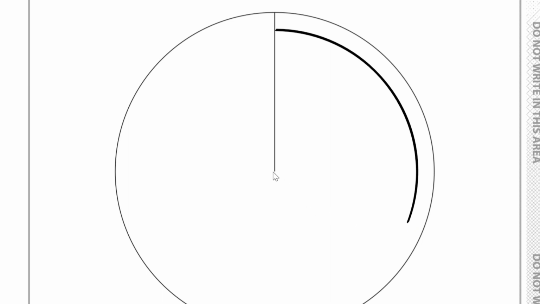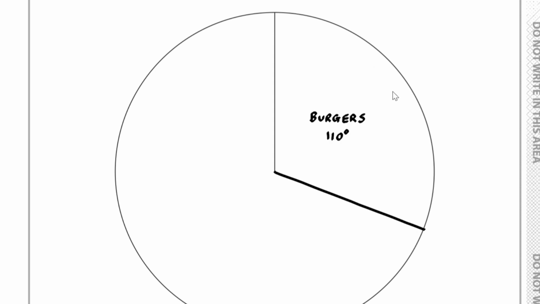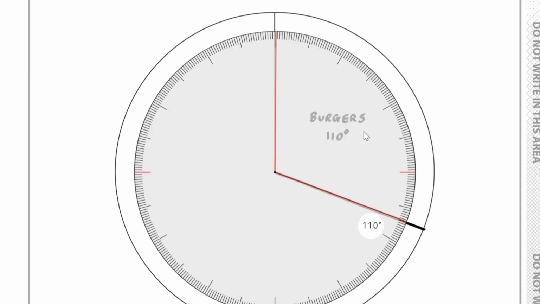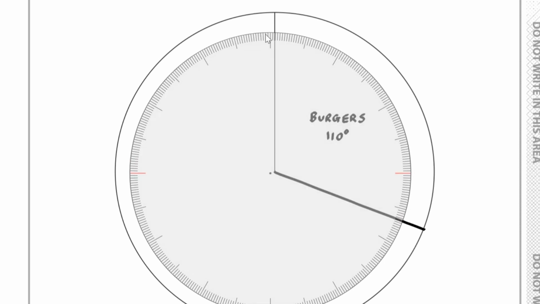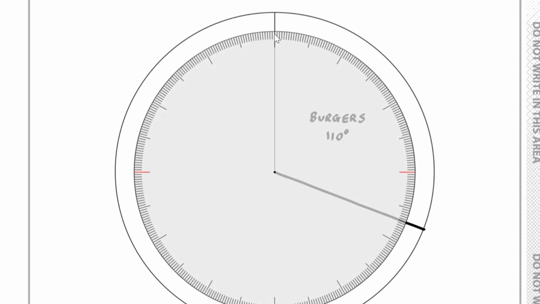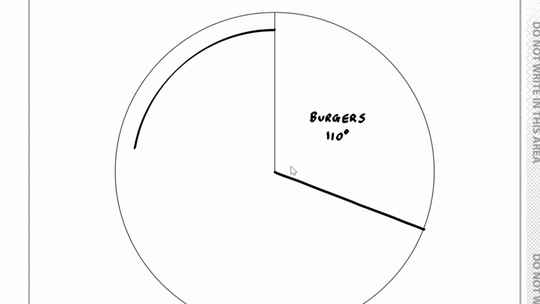So we join this up with this. We have burgers 110 degrees. Now for pie we have 170. So if I show that, well, for hot dog we have 80, so 80 degrees, that is over here. So join this up with this.